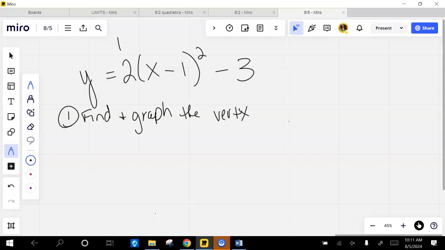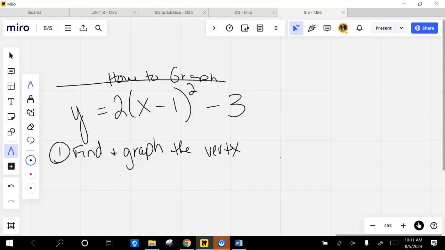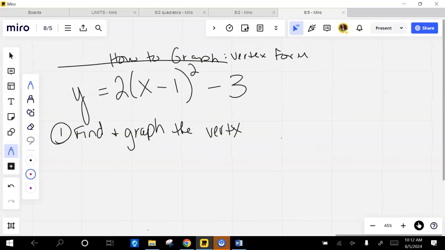I guess I should call this how to graph a vertex. What's the vertex on this one?